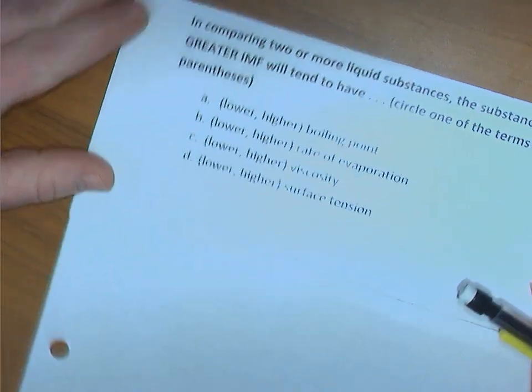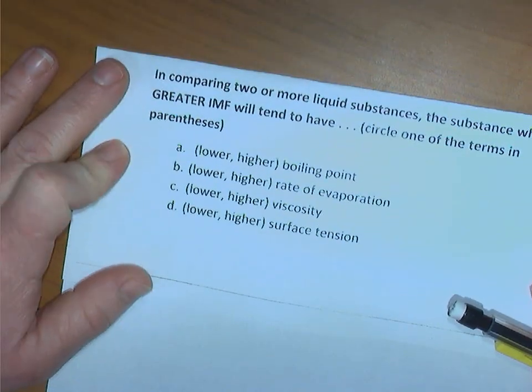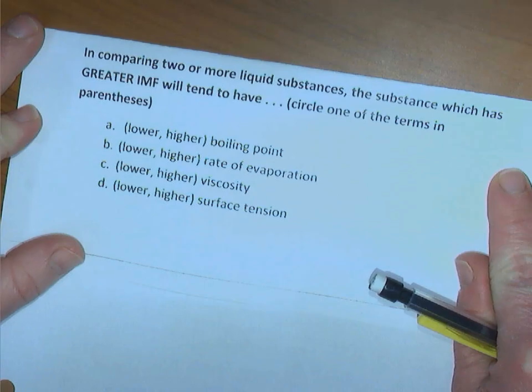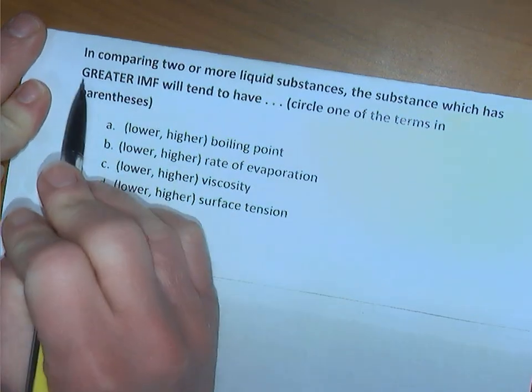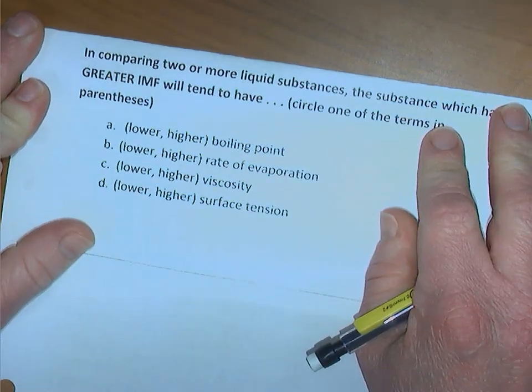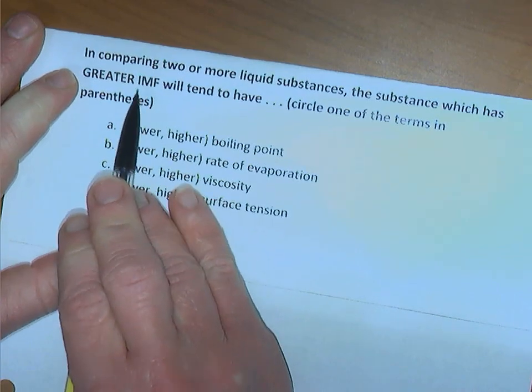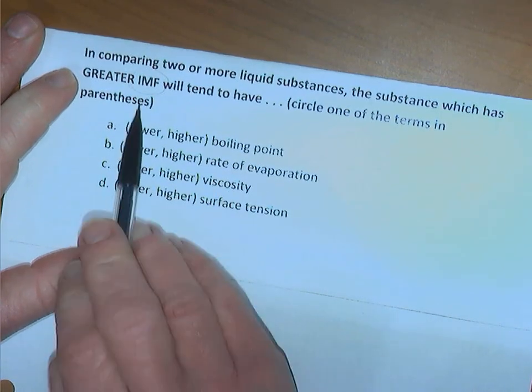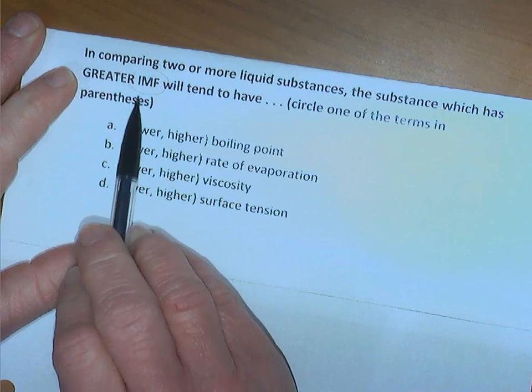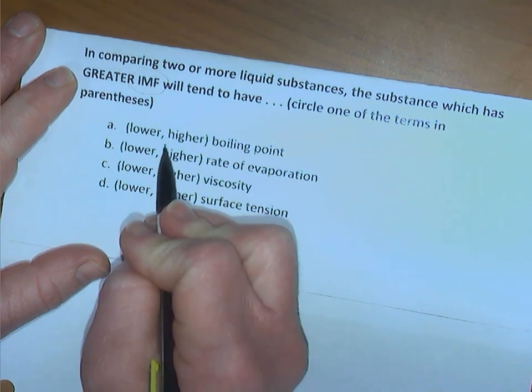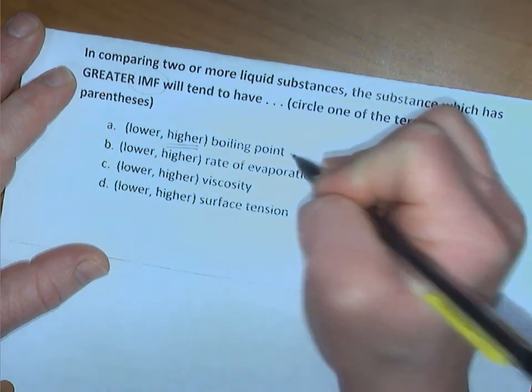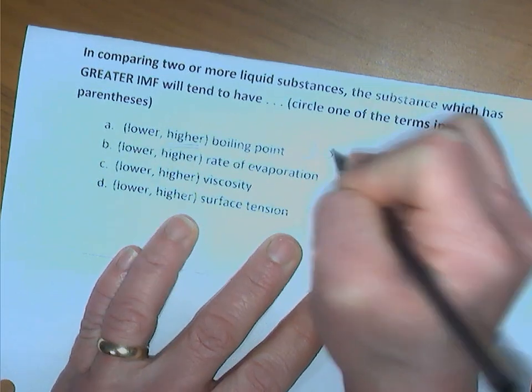But in essence, we need to be able to answer something like this. So if you're comparing two or more substances, the greater the intermolecular forces, the greater the particle attraction. I know we use IMF just with covalent, but we're talking about particle attraction. So the greater the particle attraction, the greater the boiling point, the more energy you have to invest to go from liquid to gas.